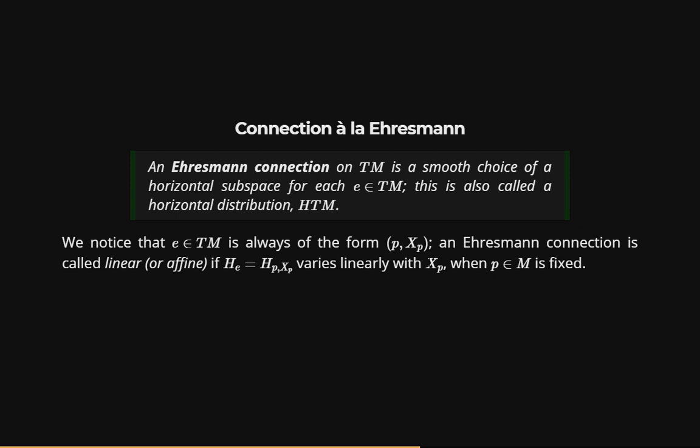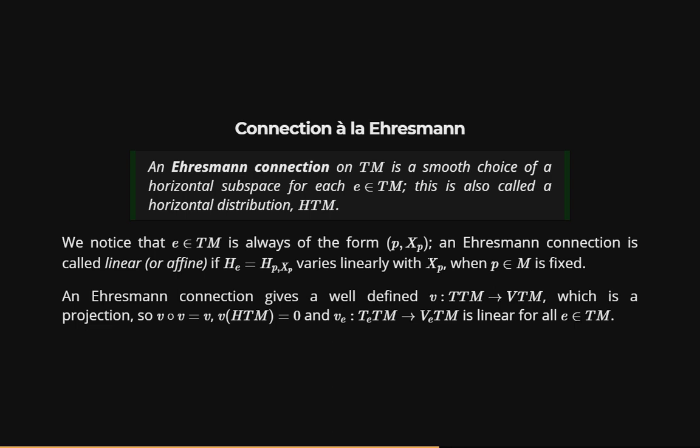These should vary in a linear way with respect to the tangent vector part. If you don't understand this, whatever, I just need it because we will be interested only in linear connections. But anyway, you can write it down in terms of differential of dilations, but it's not technically important. It's a subfamily of connections.